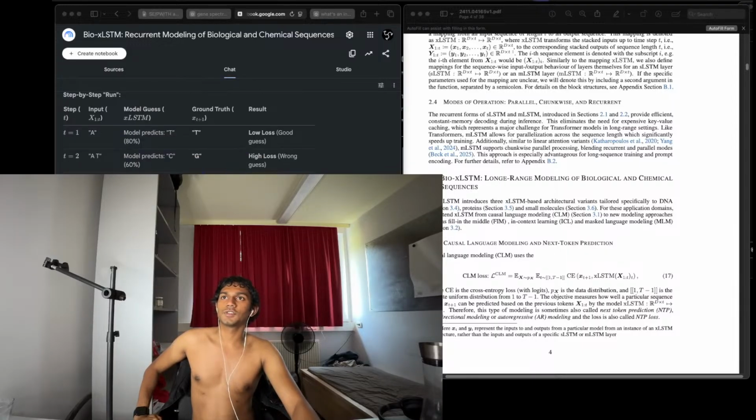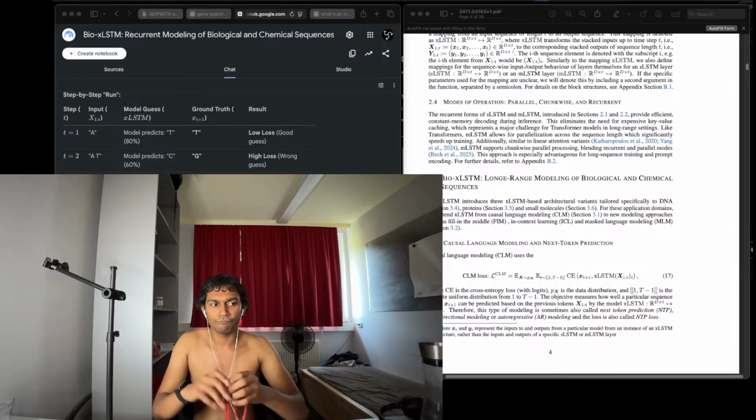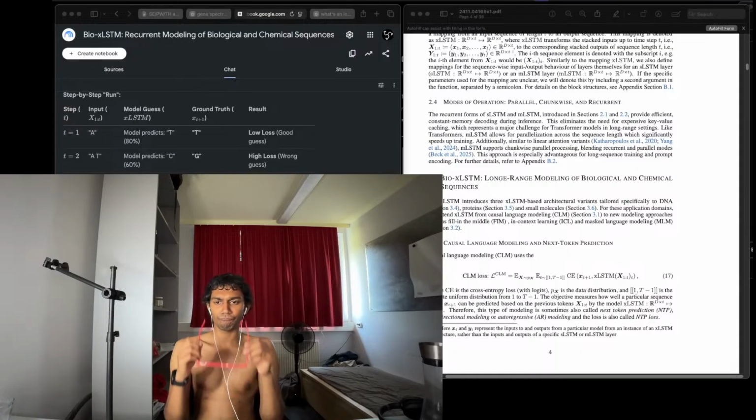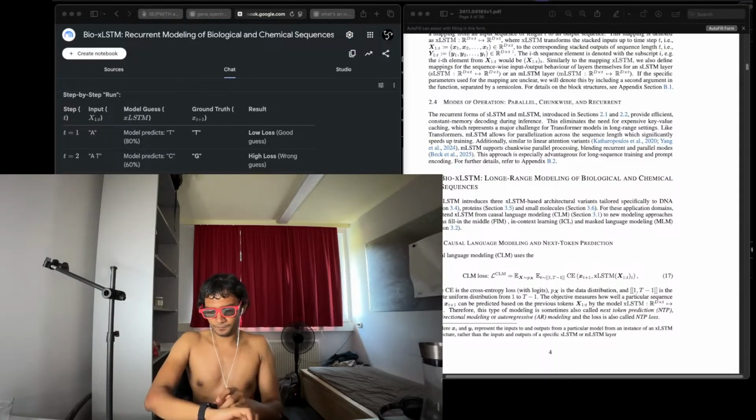How the equation turns into a number. At each step, the model doesn't just name one letter, it outputs a probability distribution. Okay, I understood the probability distribution part. I kinda get it.